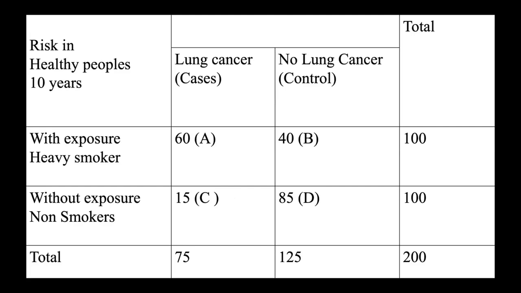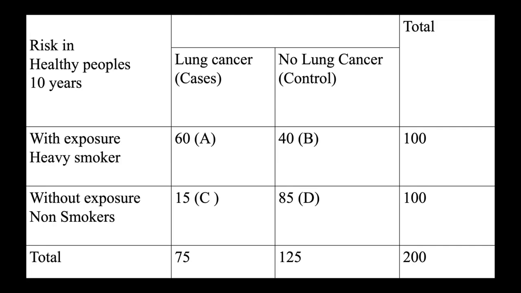Suppose risk, this is another example of this. Risk in healthy people for 10 years, lung cancer and no lung cancer, then you control. With exposure to heavy smokers, there are 60 cases and 40 without. The total is 100.